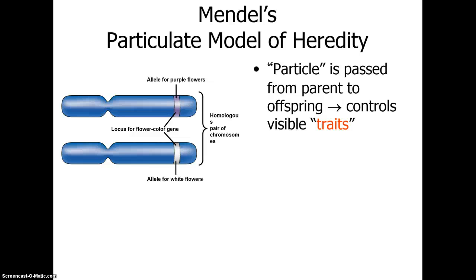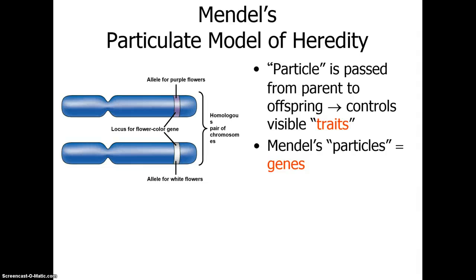In the 1860s, we did not know about molecular DNA. We knew that there was something being passed from parent to offspring, but didn't know about genes and what they were. Mendel's idea of these particles, this was the birth of genes.